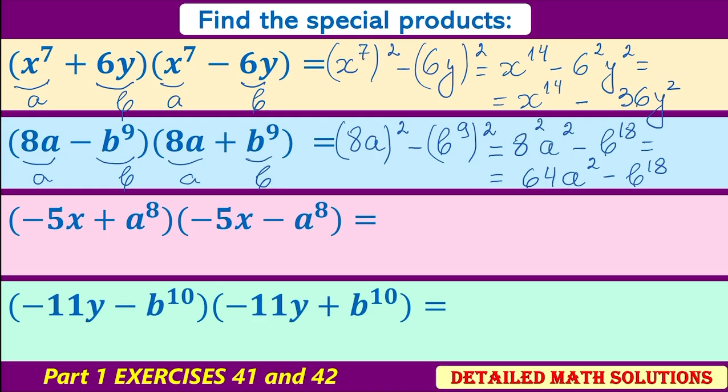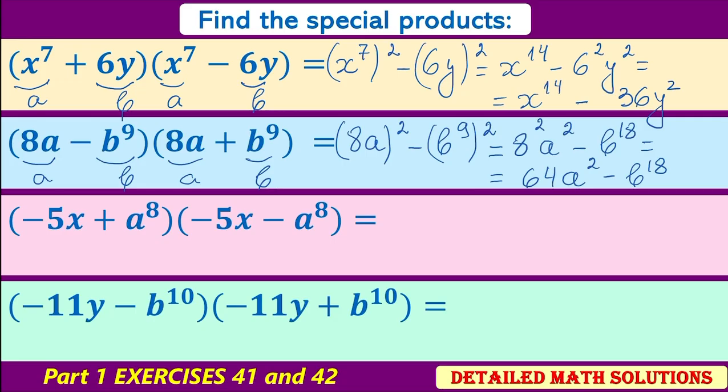Next exercise. Find the special product minus 5x plus a to the 8th power in parentheses and minus 5x minus a to the 8th power in parentheses.